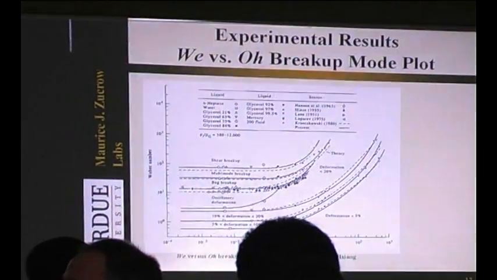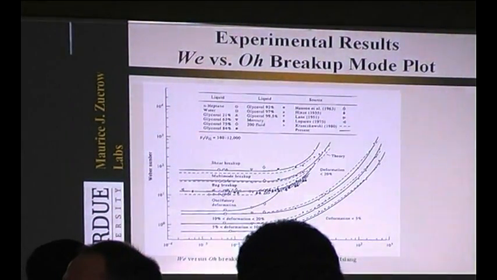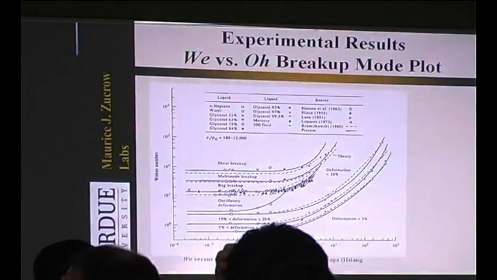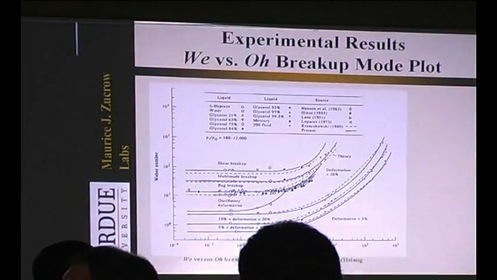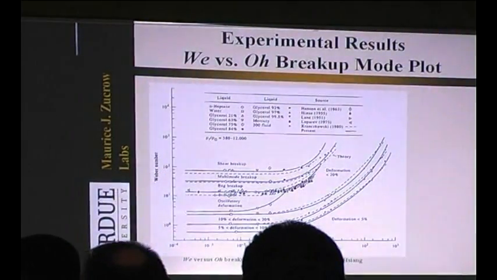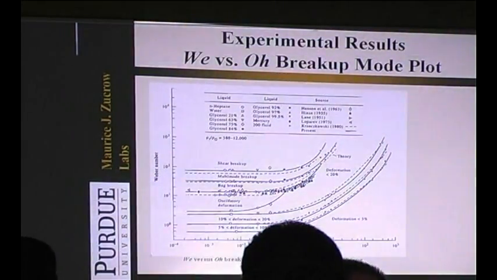All of the information that we've seen, at least in terms of the Weber number boundaries for the various breakup modes, can be correlated onto this single plot that was developed over a number of years by Faeth and his workers. This is an extremely valuable piece of information for both scientists and engineers because it gives indications of under what conditions we would expect drops to deform.